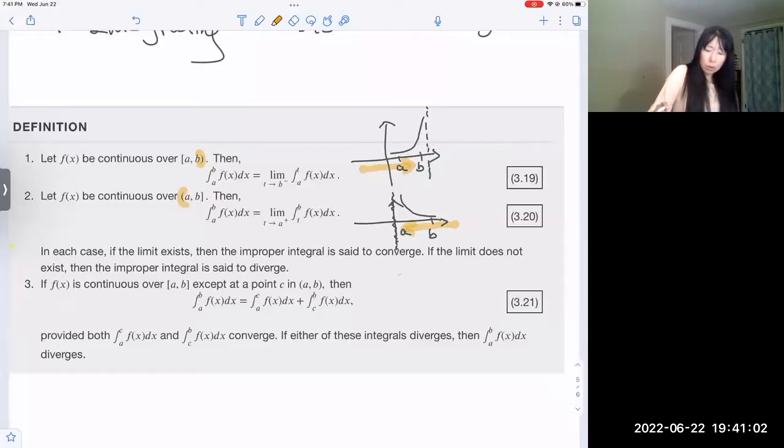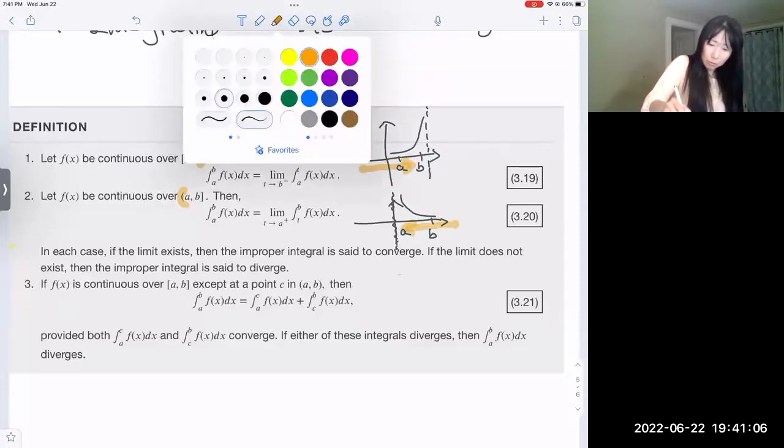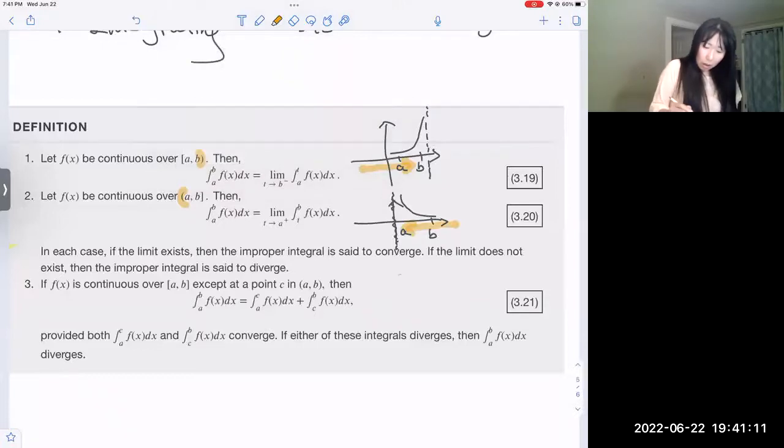All right, the third one we have AB is closed, but except C, okay? That means C is not continuous there, all right? Okay, then this kind of graph, oops, a little close.